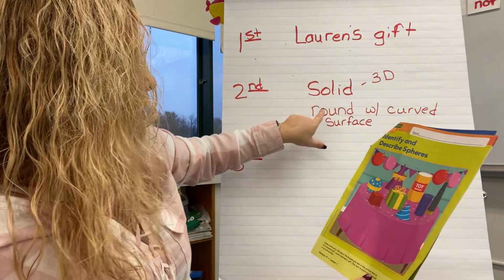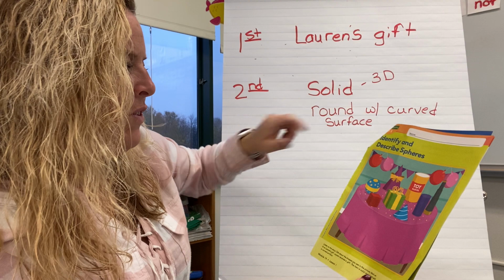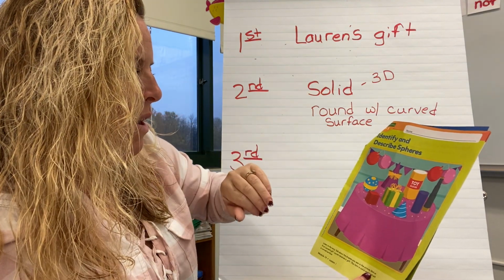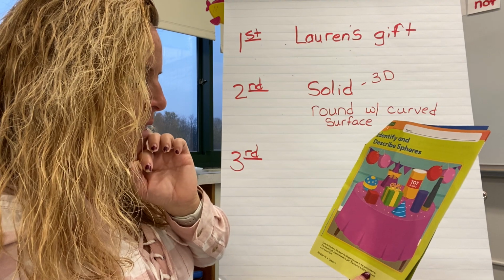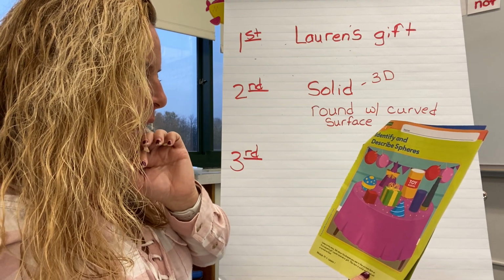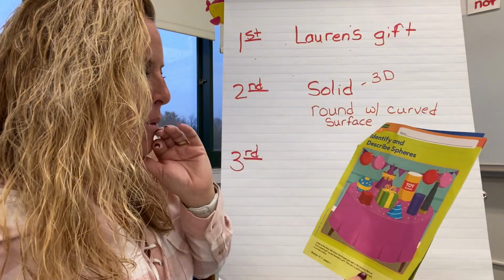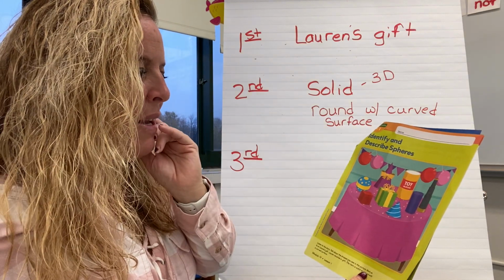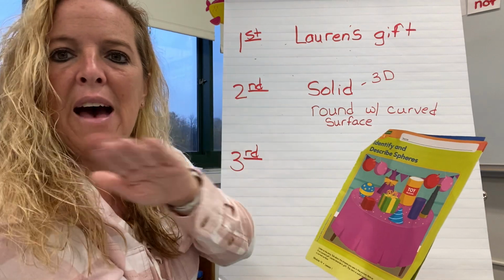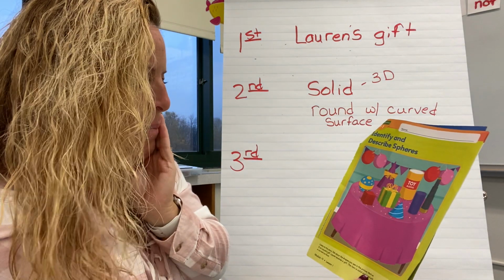They pop out. Are they round with curved surfaces? But you know what? The gifts are on the table. So let me look at the table. So I know cubes. There's a couple cubes, but I know the cubes have flat lines, so it can't be that.